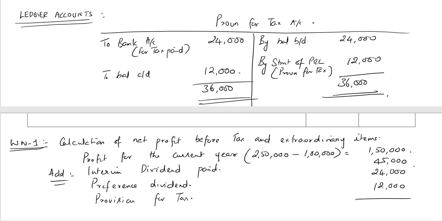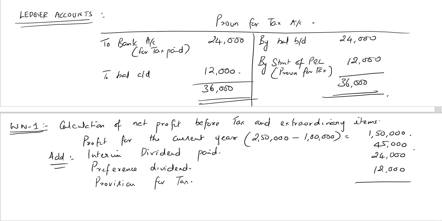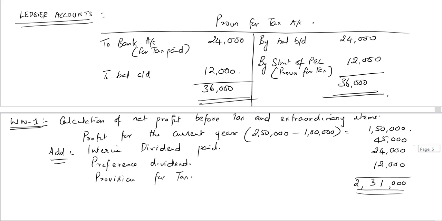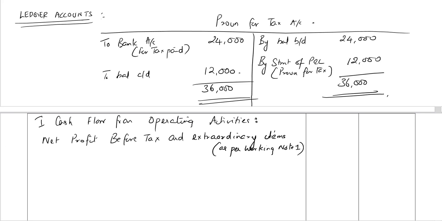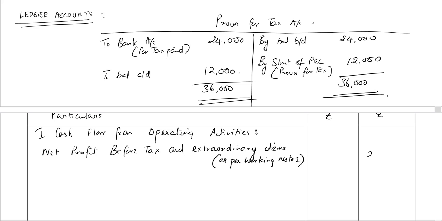So the final answer, net profit before tax and extraordinary items, is 2,31,000 rupees. So let's insert this in the cash flow from operating activities. ₹2,31,000.